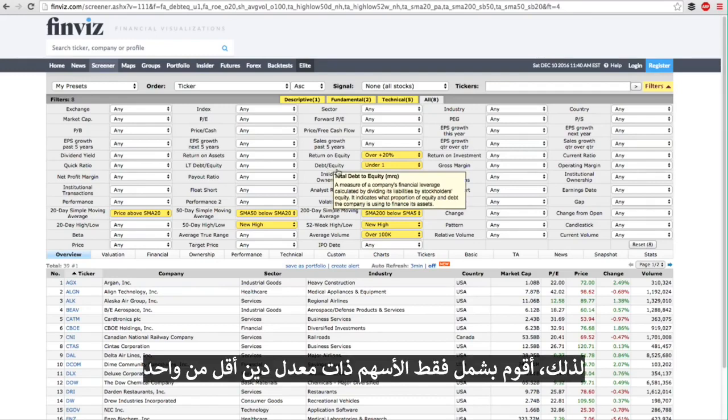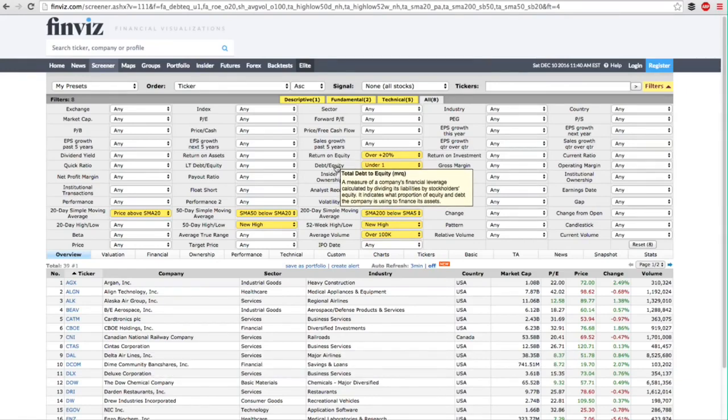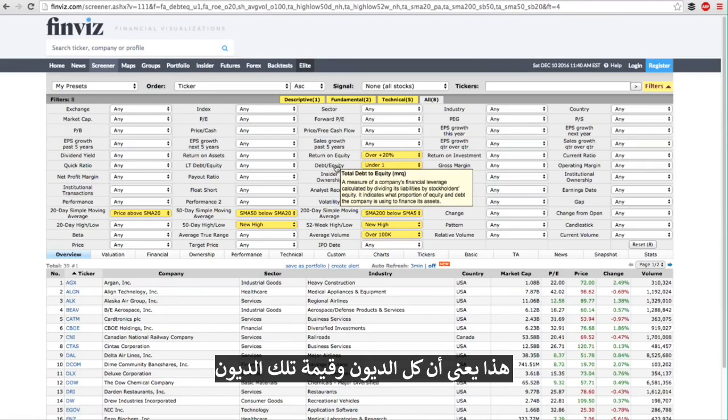So I'm only including stocks that have a debt equity ratio under 1. That means all of the debt and the value of that debt is less than the value of the equity in the company. This helps us exclude the most levered companies.